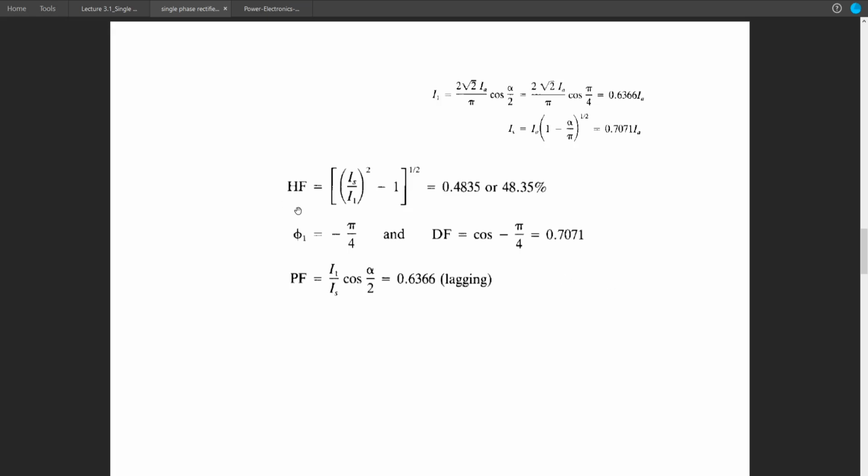So harmonic factor is the measure of the portion of harmonic content in the signal. So if there are more harmonics, the value of harmonic factor will increase. The displacement factor is the separation of different harmonic frequencies.